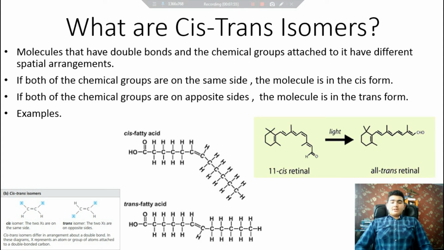And another example is cis or trans fats, and I am sure you have seen this on the bags of your groceries. So one of them, the trans fats or the bad fats, clog our blood vessels, and in very severe cases they can cause a stroke or a heart attack in people.